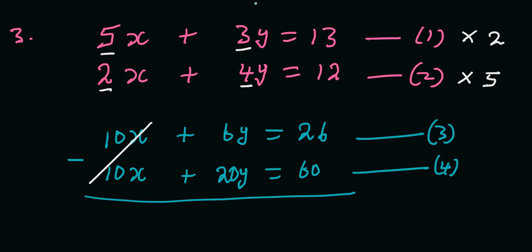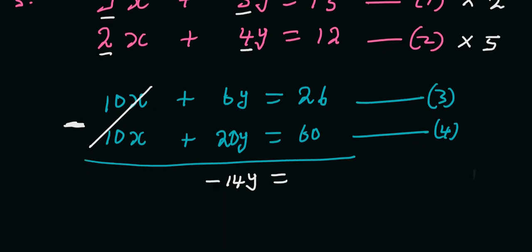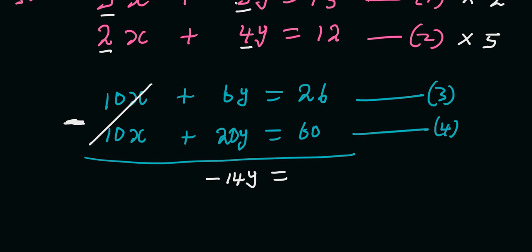So 6y minus 20y, that's going to give us negative 14y, equal to 26 minus, always refer to this negative sign here, minus 60. 26 minus 60, we have 34?